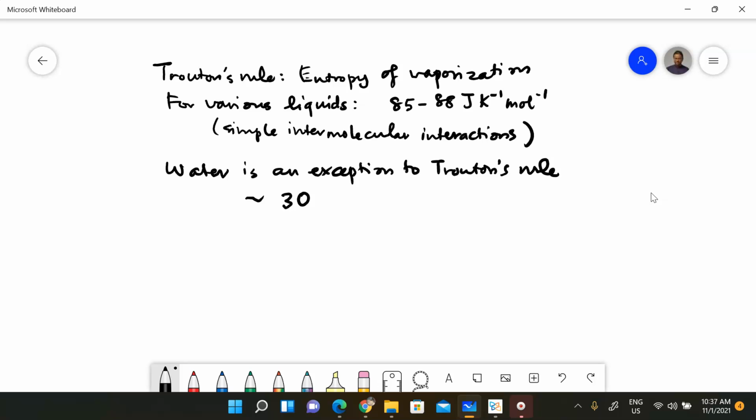This is 30 kilojoules, so that is 30 times 10 to the power 3 per mole.